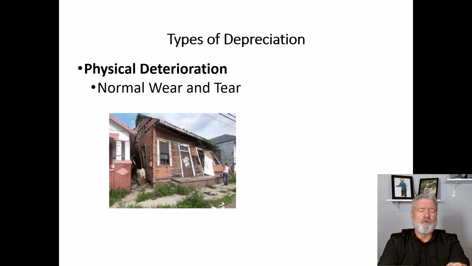You can only use stuff for so long before it's no longer usable if you don't maintain it. Sometimes you got to replace things, fix things. A lot of homeowners do a very good job of that, trying to maintain their property. Other owners don't maintain things at all. Things will break and they just say, well, you know what, I don't use it that much anyway. I'm going to leave it the way it is.